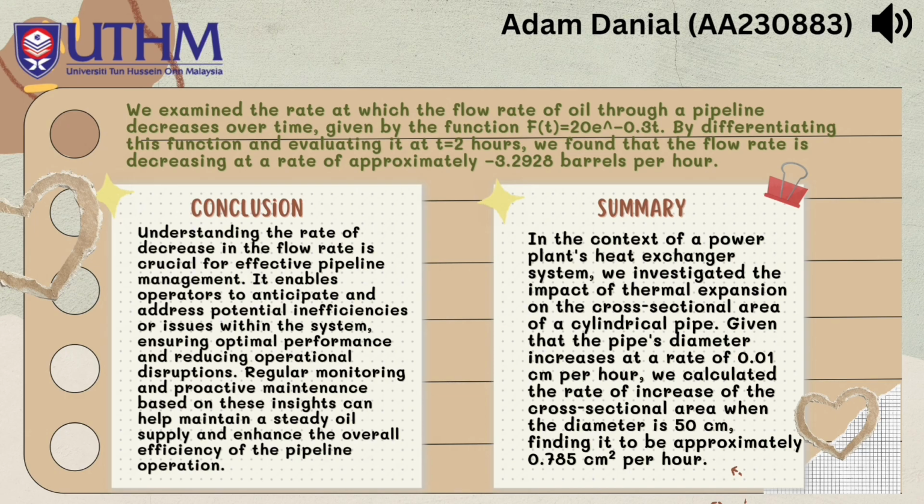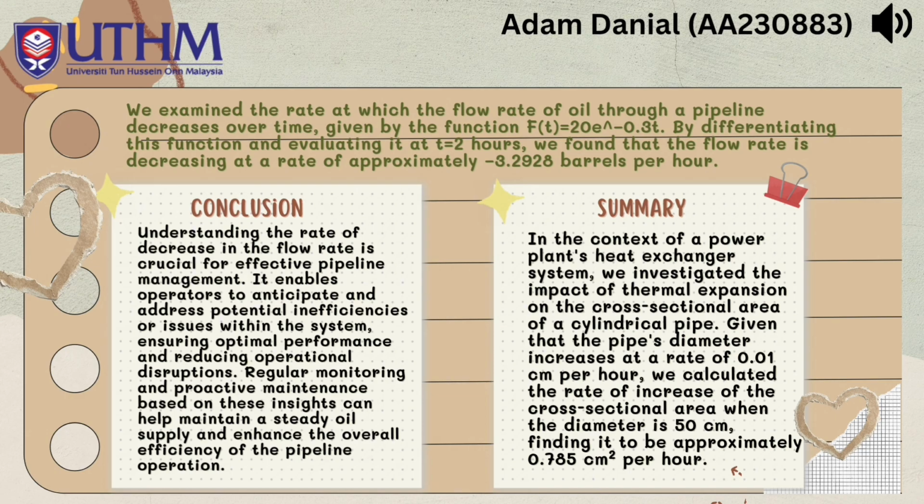It enables the operators to anticipate and address potential inefficiencies or issues within the system, ensuring optimal performance and reducing operational disruption. Regular monitoring and preventive maintenance based on this insight can help maintain a steady oil supply and enhance the overall efficiency of the pipeline operation.